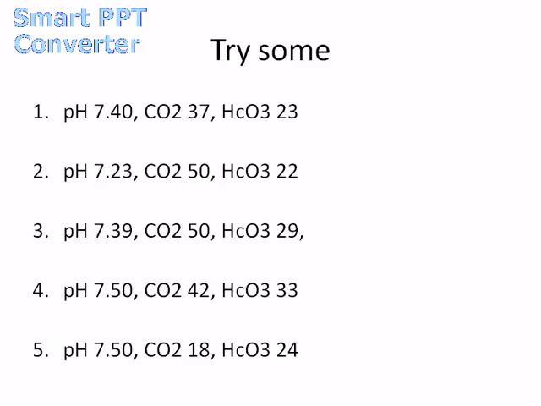Number 3, the pH is 7.36, CO2 50, and bicarb of 29. Our first question, is the ABG normal? Which are the two figures that are out? Both the CO2 and the bicarb are out of normal range. So they're out of range.